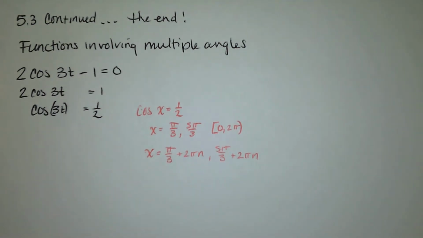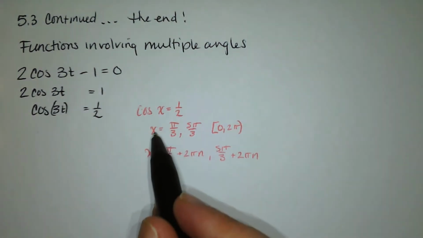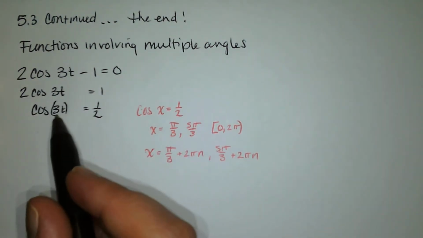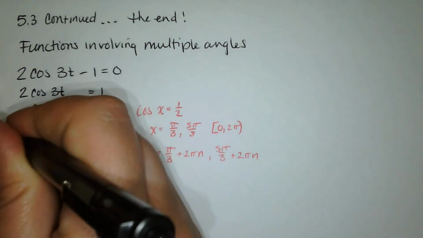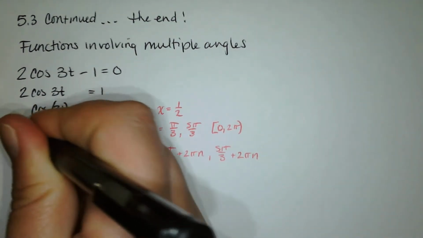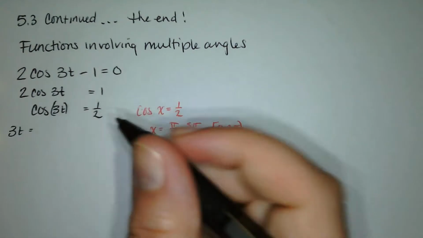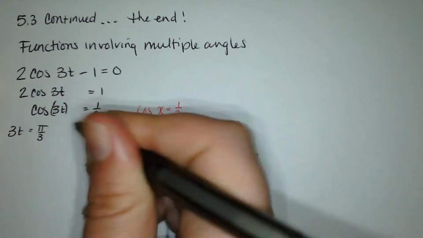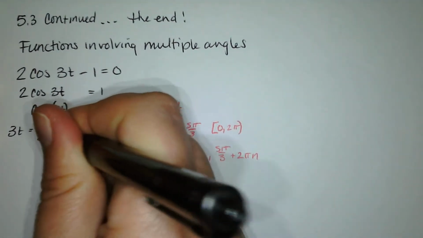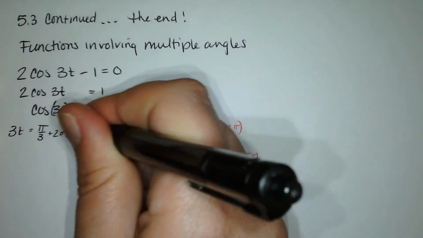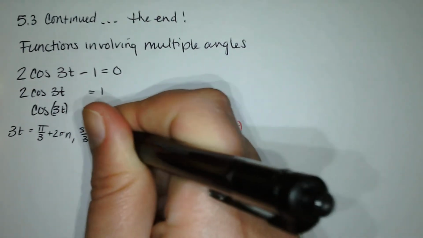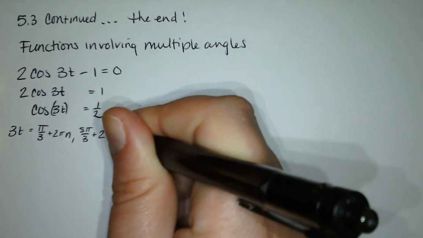This over here is going to be a little bit different. So let's actually do that. Instead of saying x is equal to these, we're going to say 3t is equal to these. So 3t is equal to pi over 3 plus 2 pi n and 5 pi over 3 plus 2 pi n.